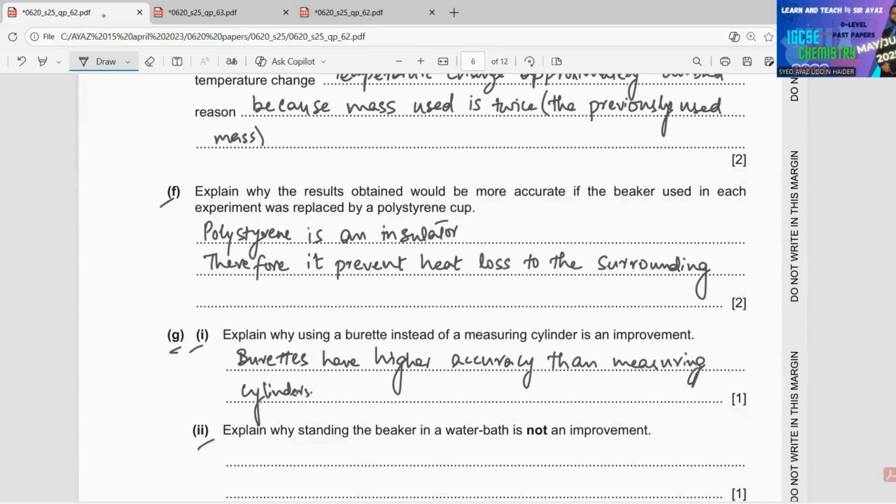Number 2, explain why standing the beaker in water bath is not an improvement. Because the water bath keeps temperature constant.